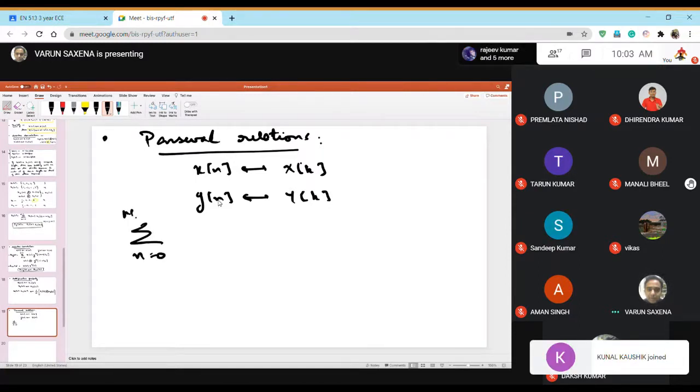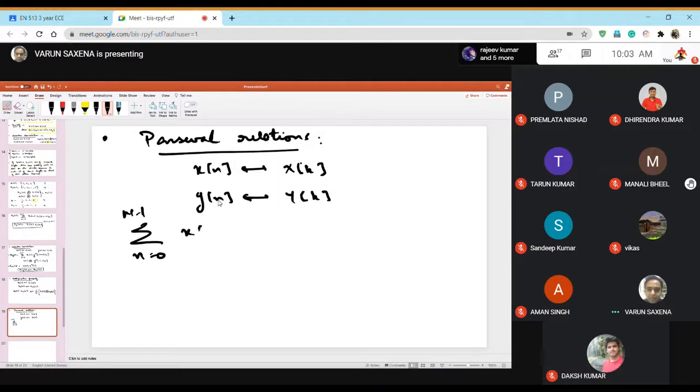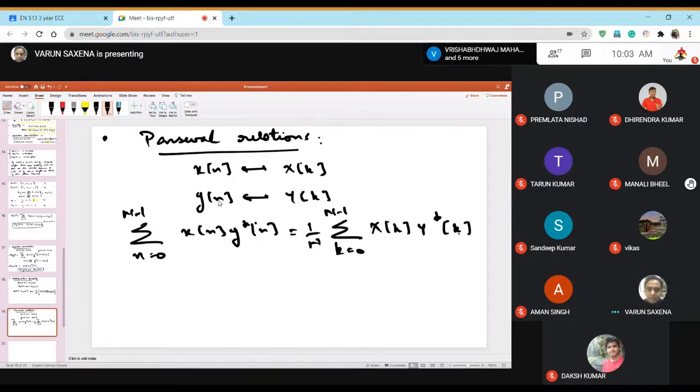summation n equal to 0 to N minus 1 of x[n] y*[n] equals 1 upon N summation k equal to 0 to N minus 1 of X[k] Y conjugate[k].